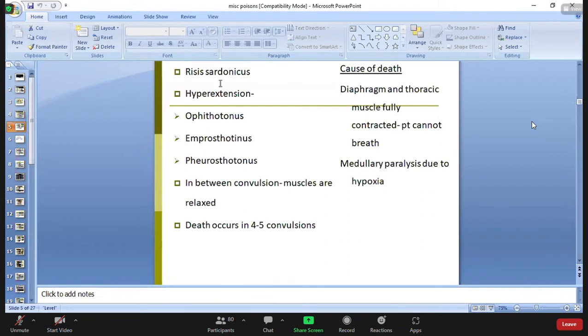Muscle rigidity. Yes, and Risus sardonicus is contraction or rigidity of the facial muscles, which gives the person the appearance of a smiling face.